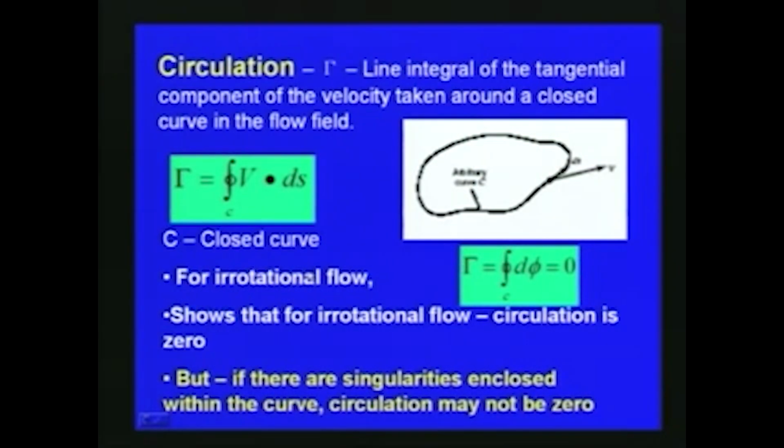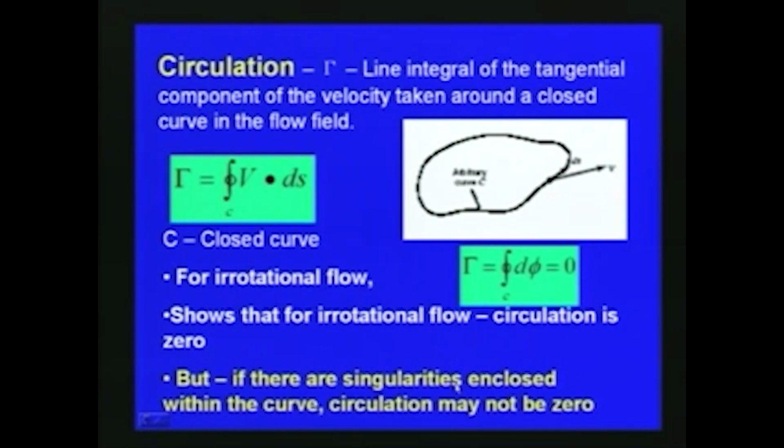Here c is the closed curve which we have described. For irrotational flow, gamma equals the integral over c of d phi, which is equal to 0. That shows that for irrotational flow, circulation is 0.